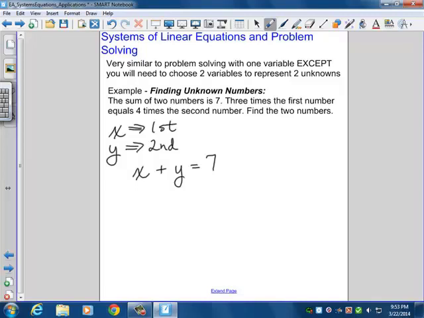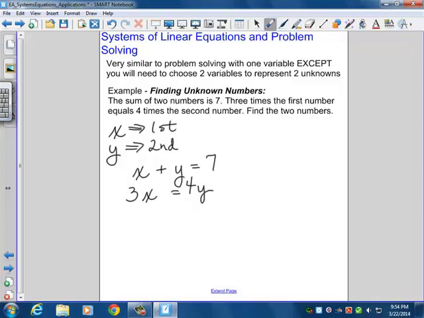Second one, 3 times the first number equals 4 times the second number. So 3x equals 4y. So now I have two equations, two unknowns.